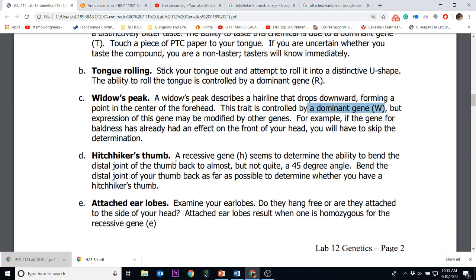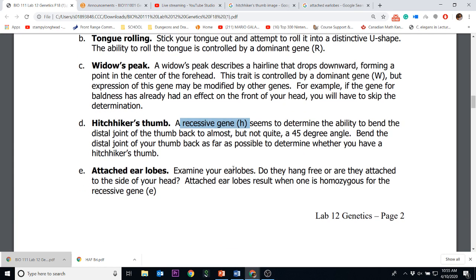Now here, hitchhiker's thumb is different. It's by recessive gene. So if you have hitchhiker's thumb, then you have to be homozygous recessive. If you don't have it, then it's either heterozygous or homozygous dominant. Right? Attached earlobe, what is it? It's recessive again. They even give you the letter to use. So just follow what they have right there.